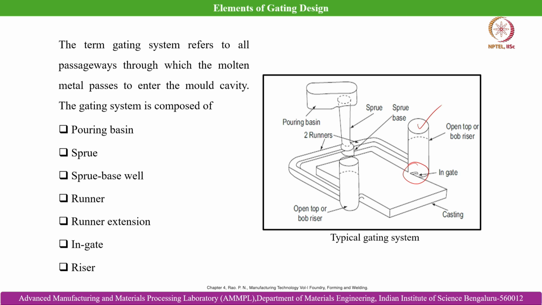There are multiple ingates for a large casting, so that they can facilitate simultaneous entry of the liquid melt throughout the mold cavity, so that there is uniform solidification across different parts, which can also give homogeneity in microstructure and properties of the part upon solidification.